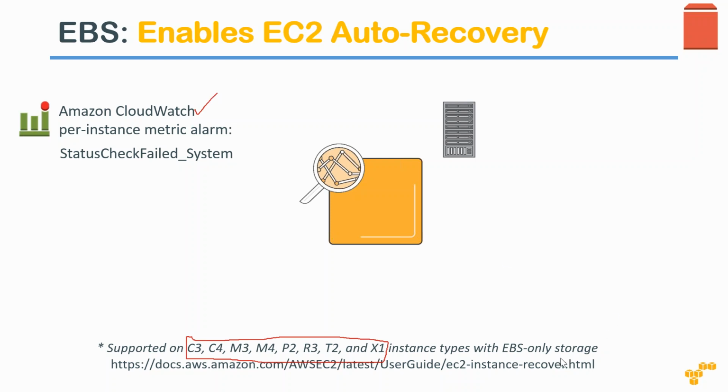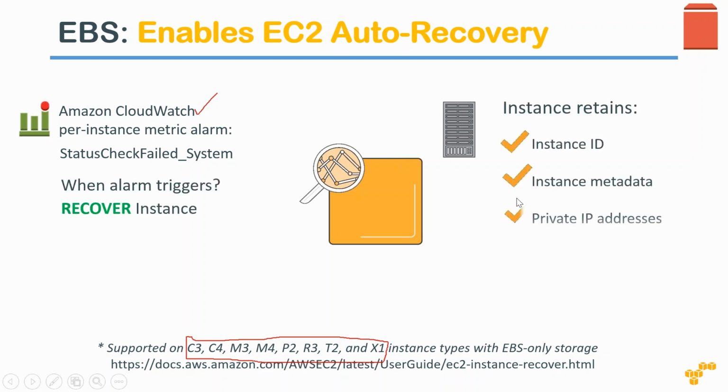If there is a failure at the hardware level, CPU or memory, it can recover the instance automatically. It will reboot the instance and apply the same details that you can see on the right-hand side. The instance will retain the instance ID, the instance metadata, private IP address, elastic IP address, and all the EBS volumes.